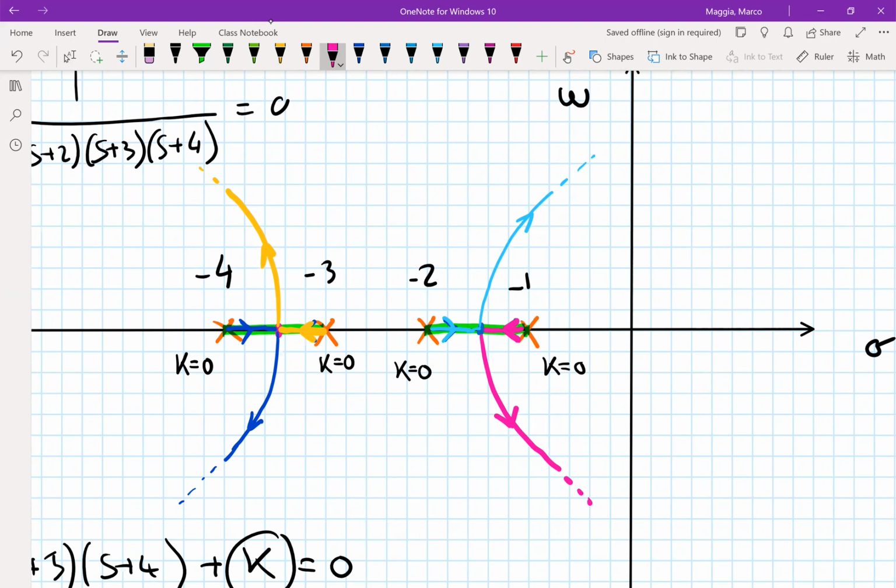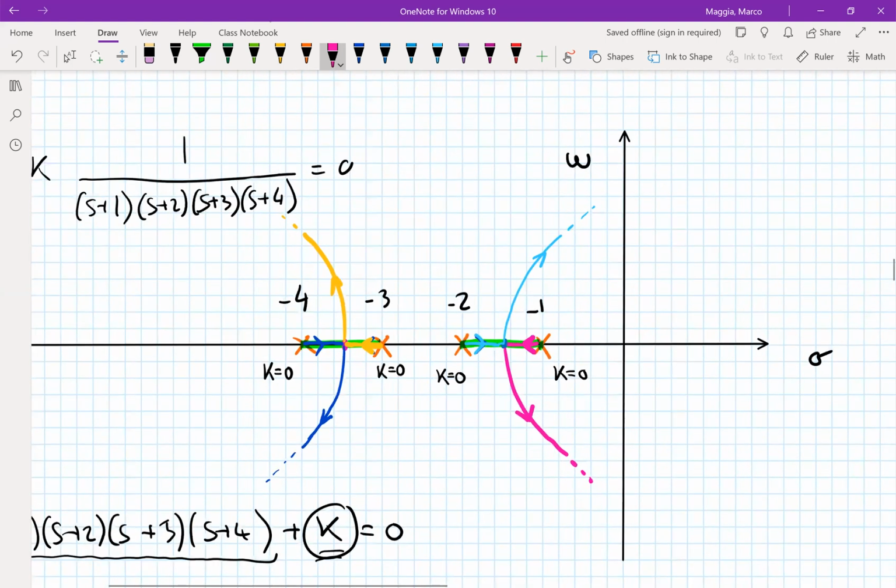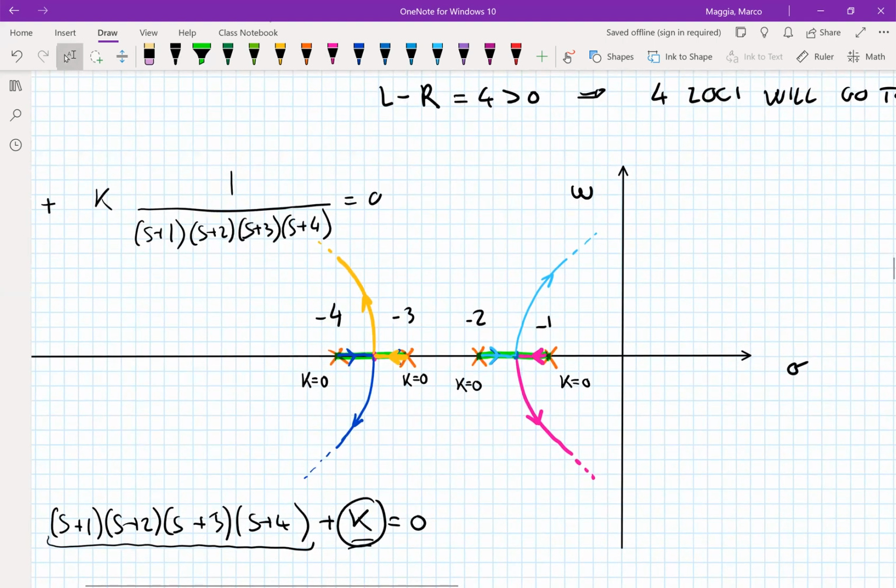Another thing that we could already predict is that these branches, at least these two, the light blue and the magenta one, will eventually intersect with the imaginary axis. Since we're dealing with closed loop poles, the real part of the closed loop poles will determine the stability.